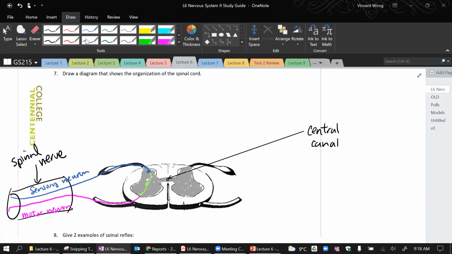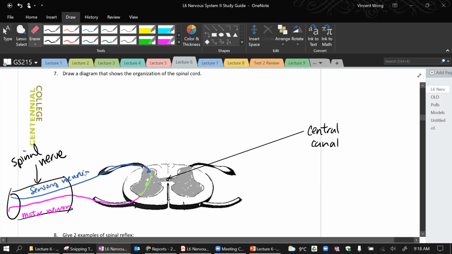Now, at the same time that this is happening, the sensory neuron is also going to make a connection with another neuron that's going to be taking the information up to your brain. So you actually have many of these neurons going up to the brain from different parts of the body, and collectively they form what's called the ascending tract.